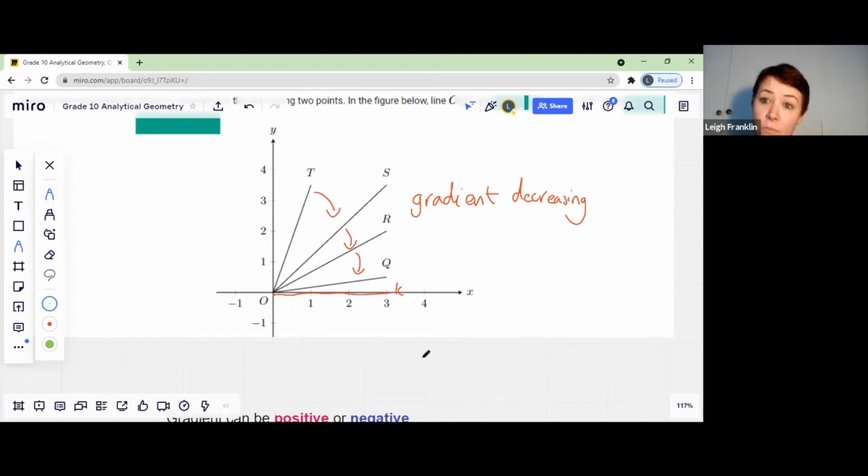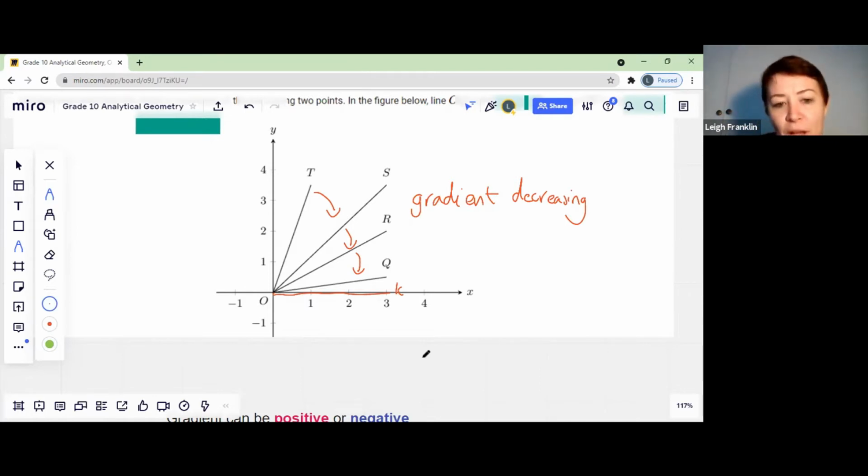You'd be walking straight, isn't it? So you wouldn't be walking uphill and you wouldn't be walking downhill. You would be walking along a flat surface. So when we are walking along a flat surface, we say that there is no gradient. Gradient is 0. Does that make sense?